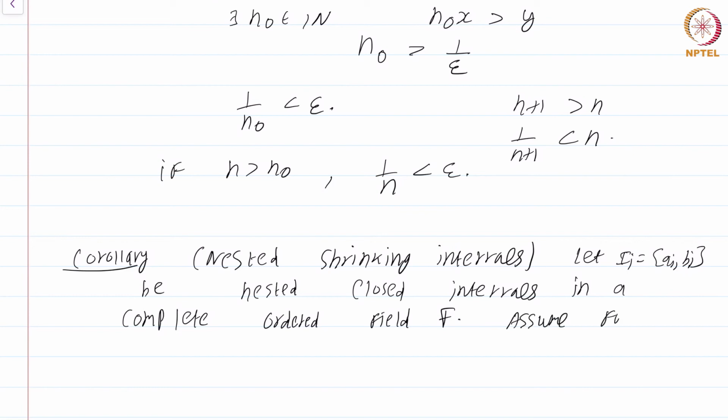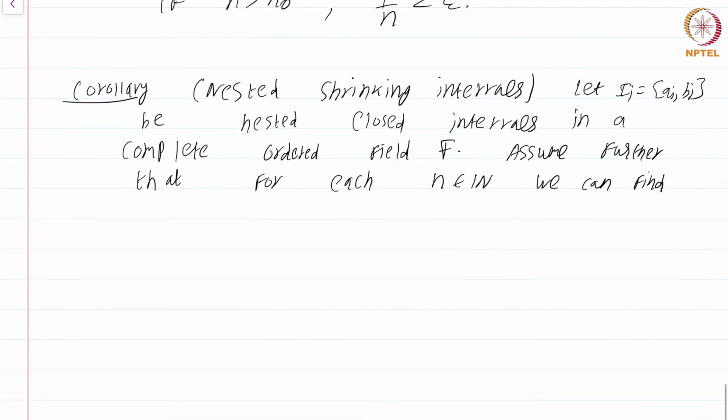Assume further that for each n in N, we can find I_n such that the modulus of b_n minus a_n, in other words, the length of the interval I_n, is less than 1 by n.